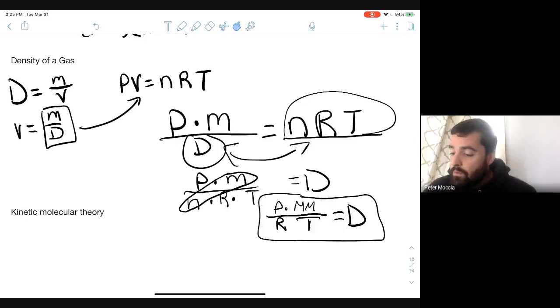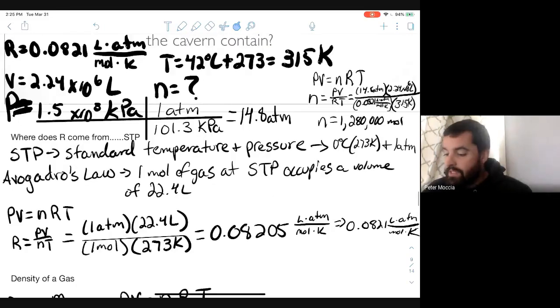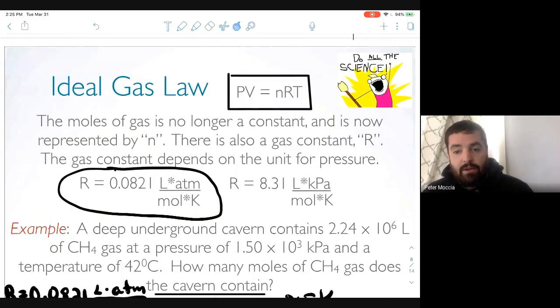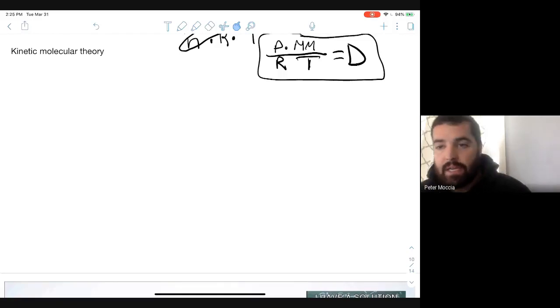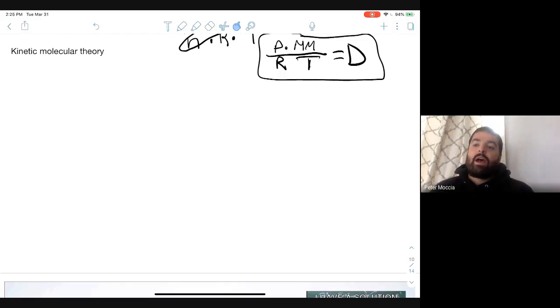Now, when we use this equation, the ideal gas law, there are some assumptions about the gas that we have to make, and we call that kinetic molecular theory.